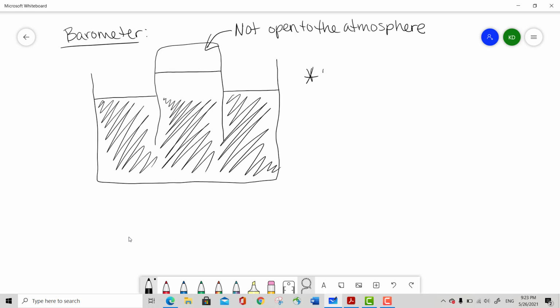Okay, and one fact about the barometer, which is different from the manometer, is it is never open to the atmosphere.